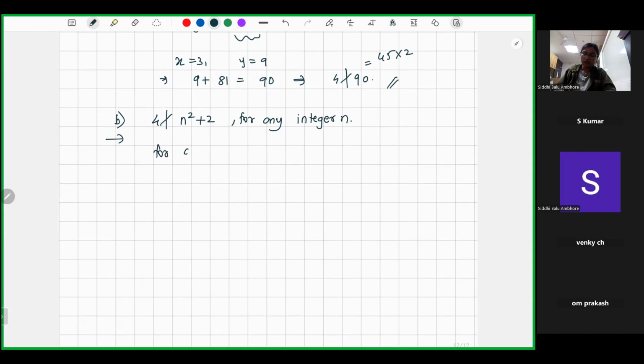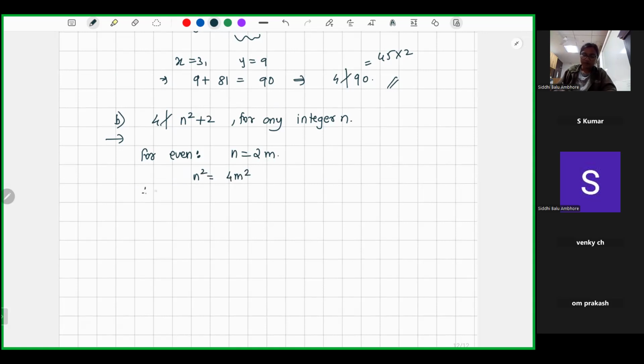So let us do this thing. For even n is equal to 2m, so n square is 4m square.